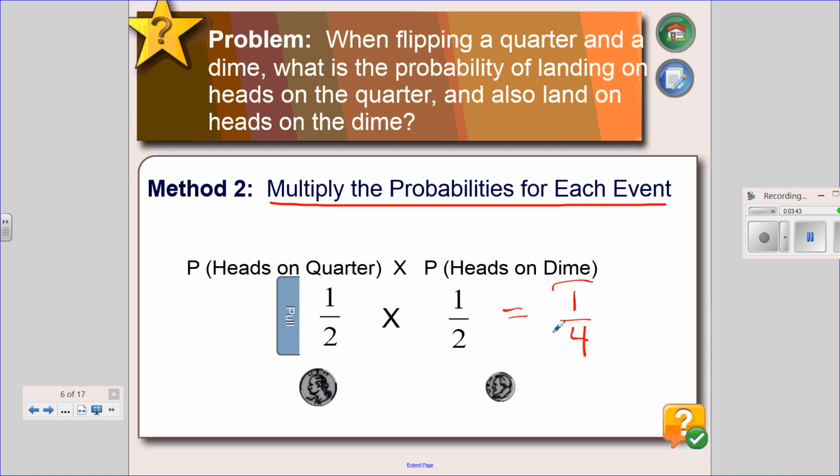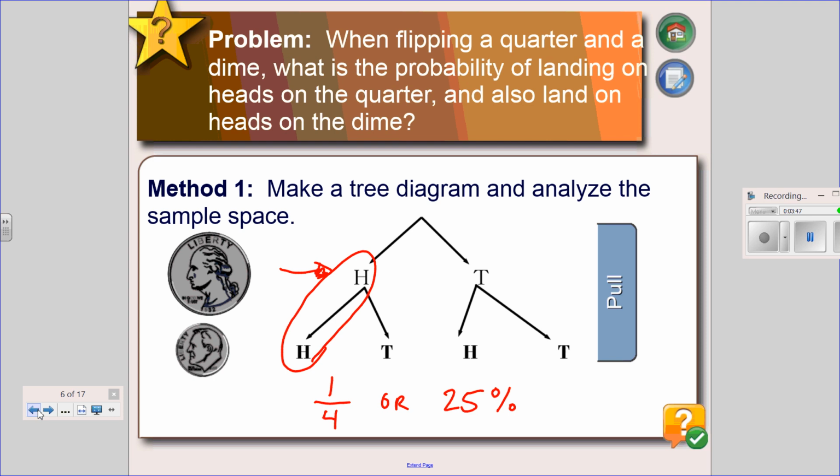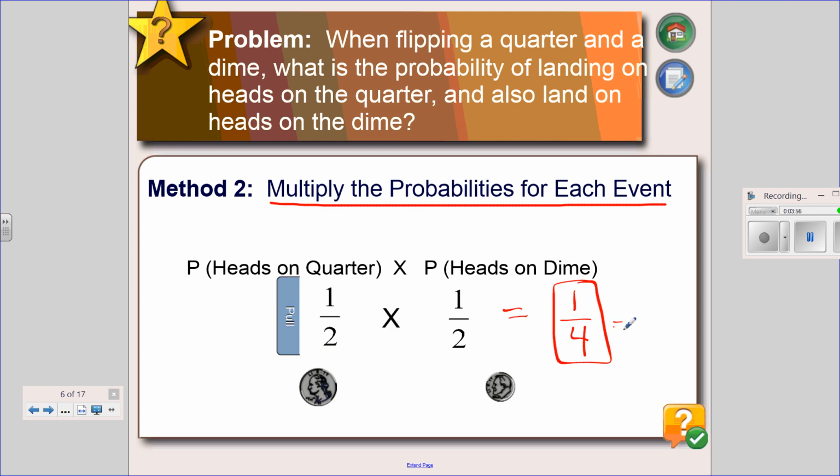And we see that the probability we got in the last problem, where I drew out the entire sample space, is the same as I got here: 25% or 1 in 4.